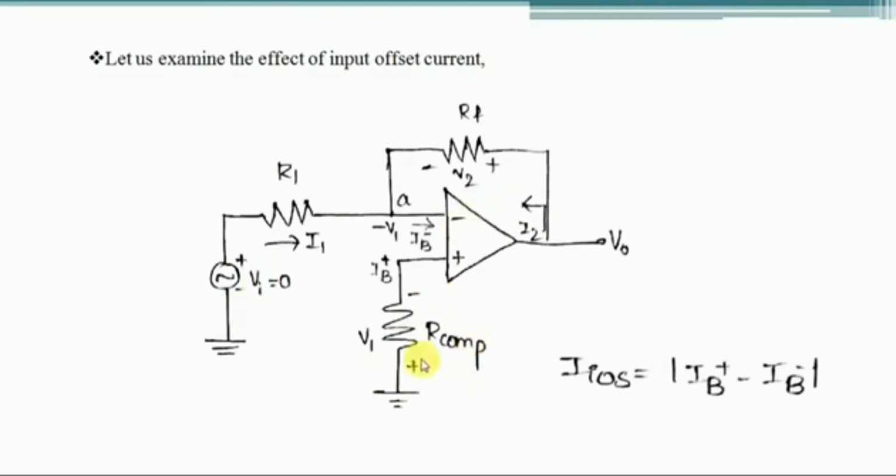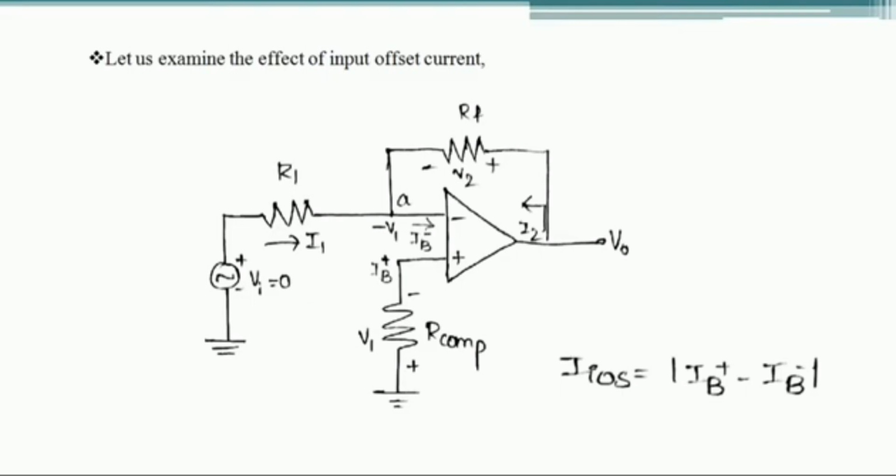So even after providing the compensation resistor at the non-inverting terminal, we are not getting the V0 value as 0 even if the Vi value is 0. In order to provide a solution, we are finding the output voltage V0 in terms of input offset current, and how we are going to nullify that input offset current we are going to see now.